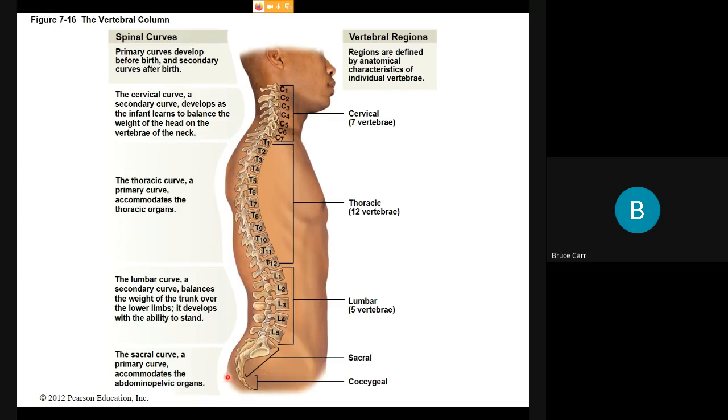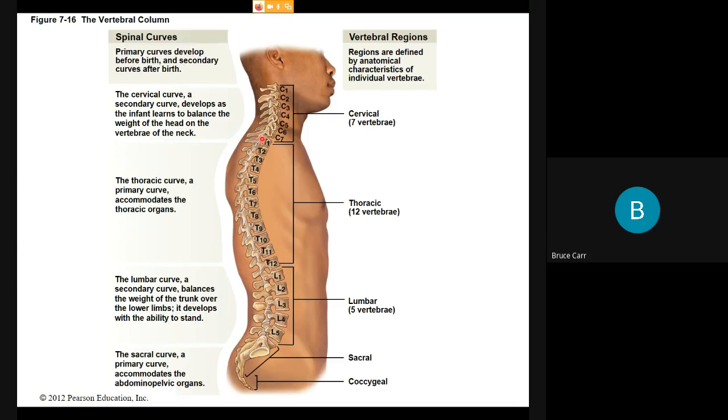And on the far end, the sacral curve. Now, these were once 5 vertebrae that were free. They're now fused. And this is a primary curve, genetically determined. But the lumbar region and the cervical region are straight up and down.